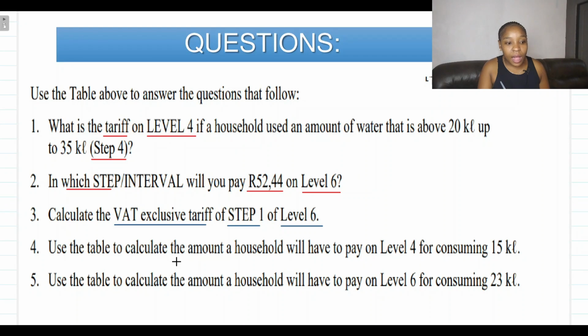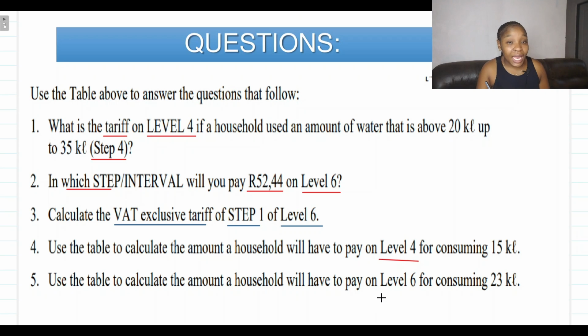Use the table to calculate the amount a household will have to pay on level 4 for consuming 15 kiloliters. Right. So now we need to calculate an amount a household will have to pay. We're going to be focusing on which level? Level 4.